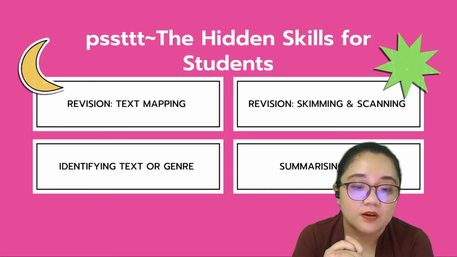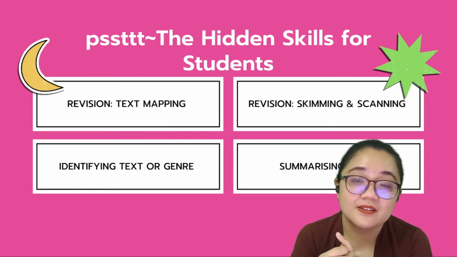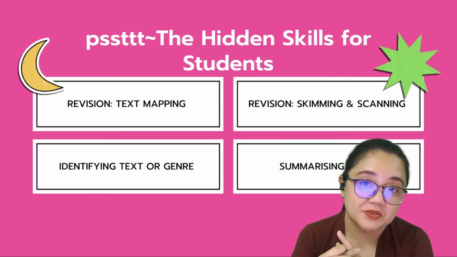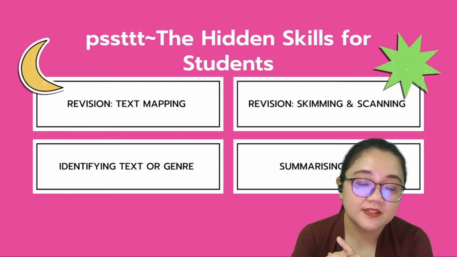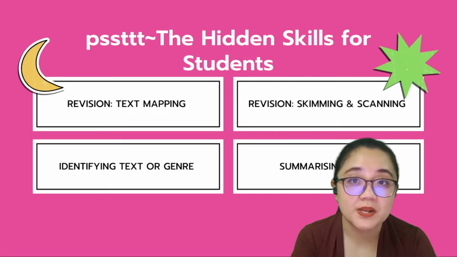Maybe you come up with processes or procedures that you can find in your own field, so that you can understand what I'm trying to say here. Basically, text mapping, skimming, and scanning is something that we expect that you know.